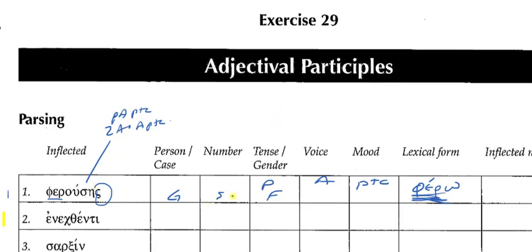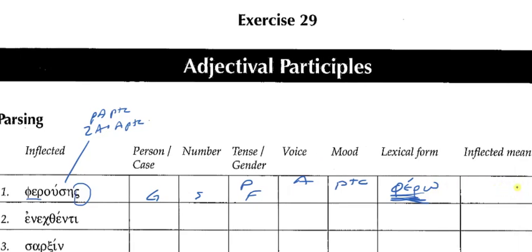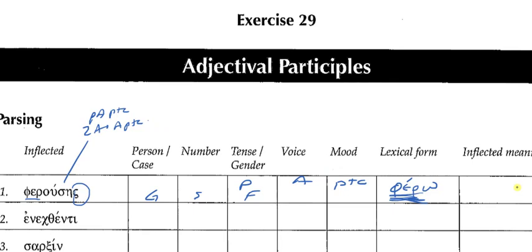This is referring to a woman, something or a thing that's feminine, and it's an active participle. So carrying, bearing, if it's substantival use of the participle, it would be something like, because it's genitive, of one carrying or bearing, or of one who is carrying or bearing.